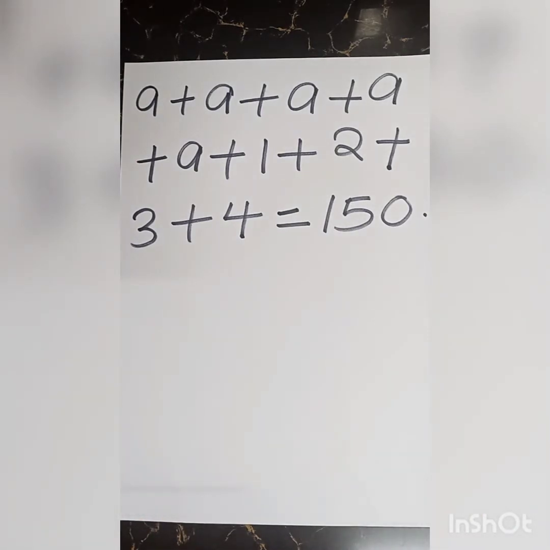So we have collected the like terms because we have A's on one side and the numbers on the other. We have the letters first and then the numbers follow, okay? And now that we've collected the like terms together, it's now easier to work out this question. So how many A's do we have in this question?